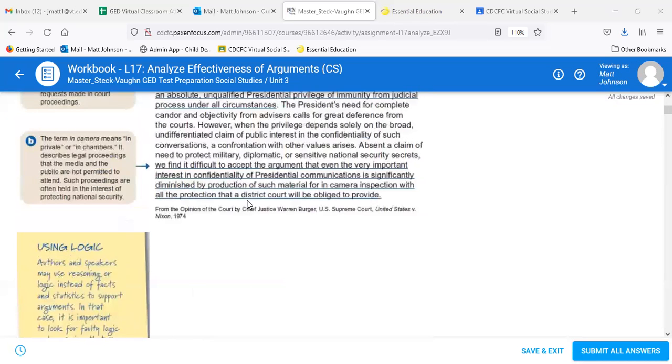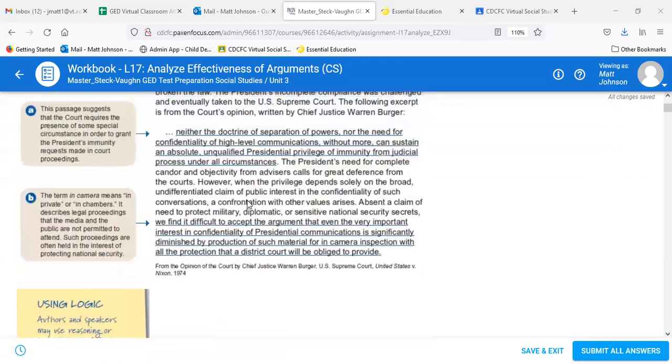And that's where, especially with legal cases, Supreme Court rulings and opinions, you get into some technical legal talk. But basically, he is reasoning through the law here as to why he cannot... the president's need for complete candor and objectivity from advisors calls for deference in the courts when the privilege depends solely on the broad, undifferentiated claim.